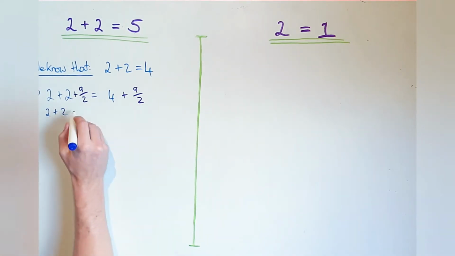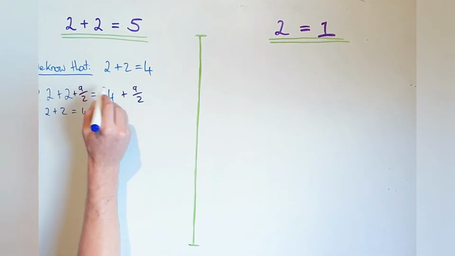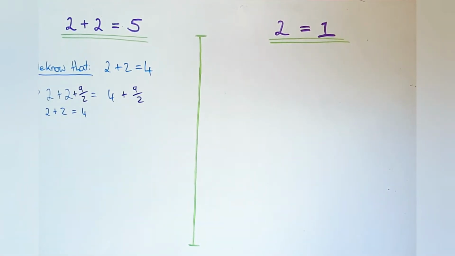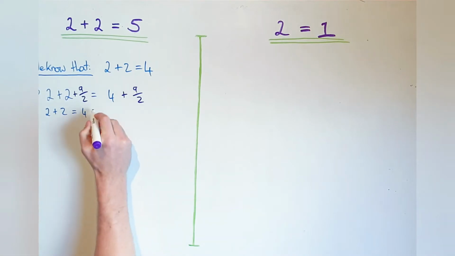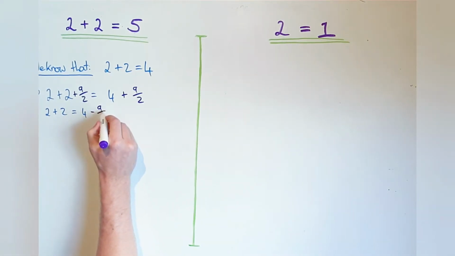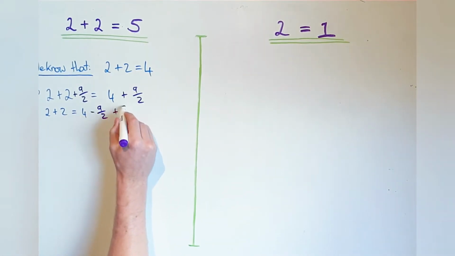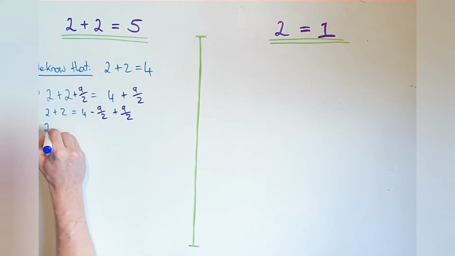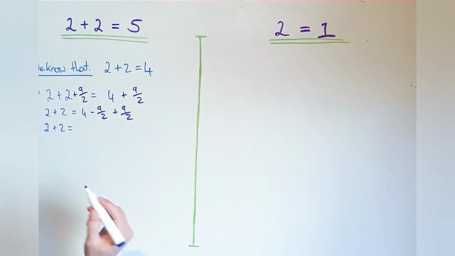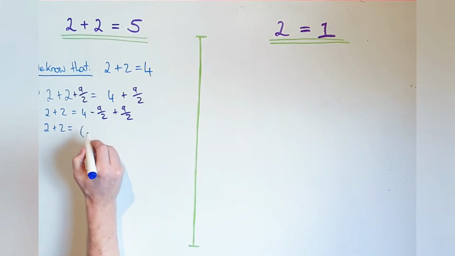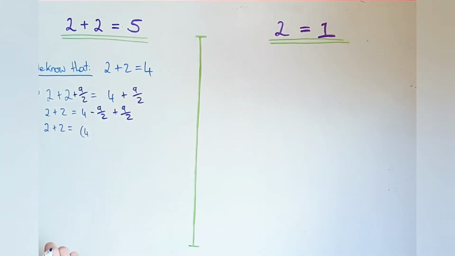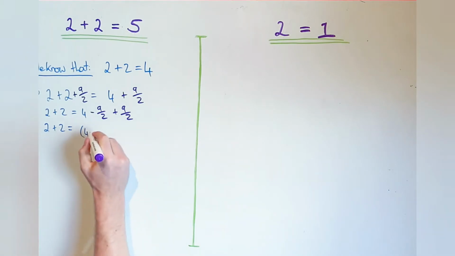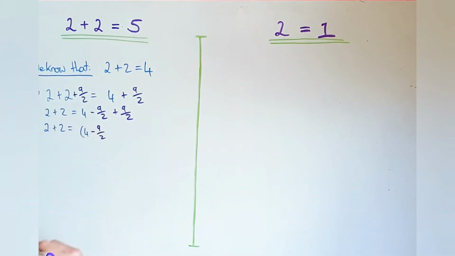Continuing on here, I'm going to bring this guy over to the other side. So we're going to have a 4 minus 9 over 2, and then we still have our plus 9 over 2. Very good. Now what I'm going to do is, in brackets, put the 4 and the minus 9 over 2.